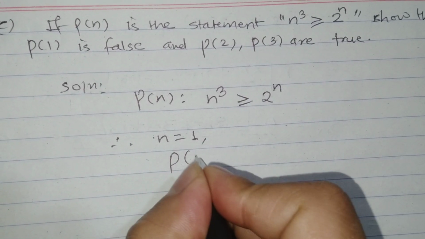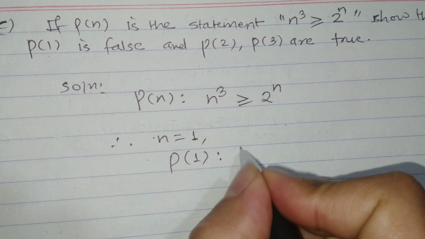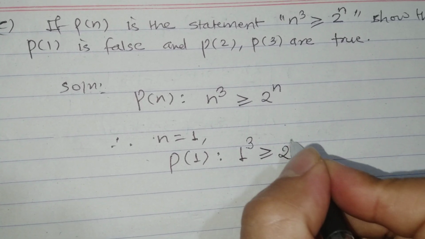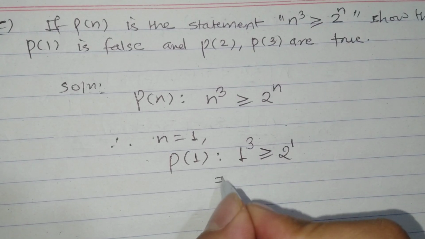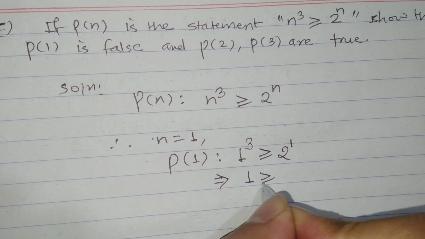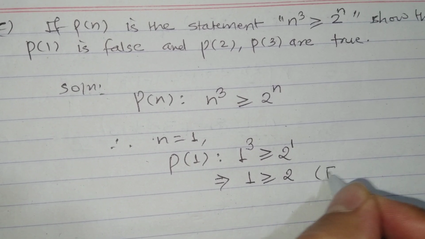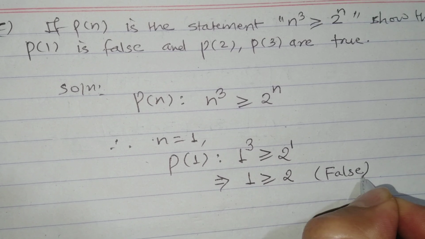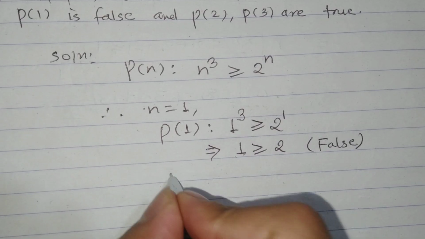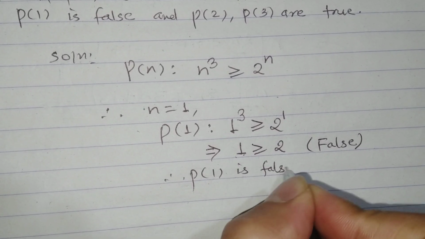So P1 is what? 1 cube greater or equals to 2 power 1, which means that 1 cube is 1, so 1 is greater or equals to 2, and this is false. This is a false statement, because 1 is not greater than 2, therefore P1 is false.